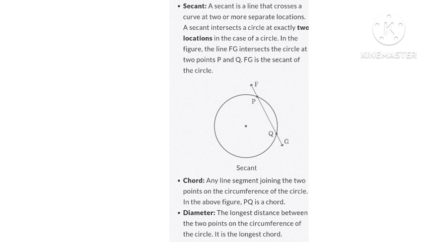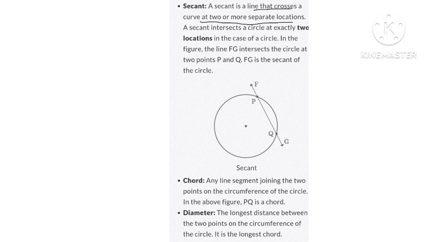Now next is the secant. The definition of the secant is a line that crosses a curve at two or more separate locations.